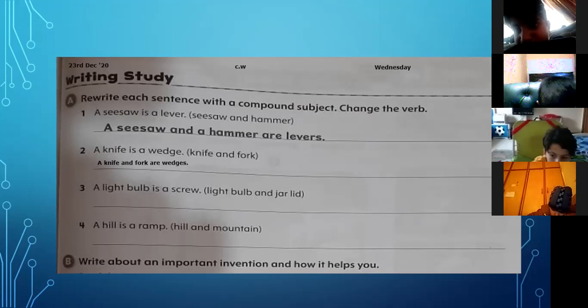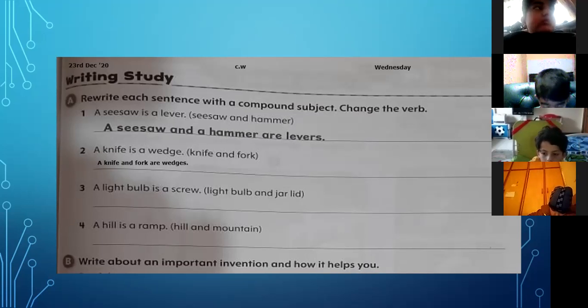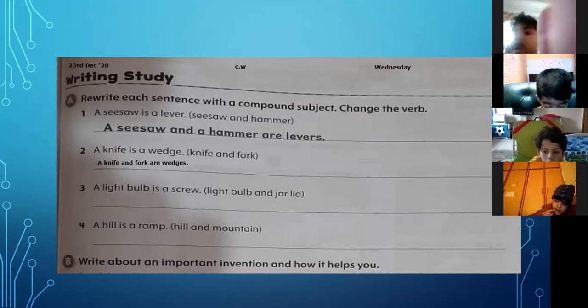A knife and fork are wedges. So start writing down, all of you. Write down this statement, please. A knife and fork are wedges.